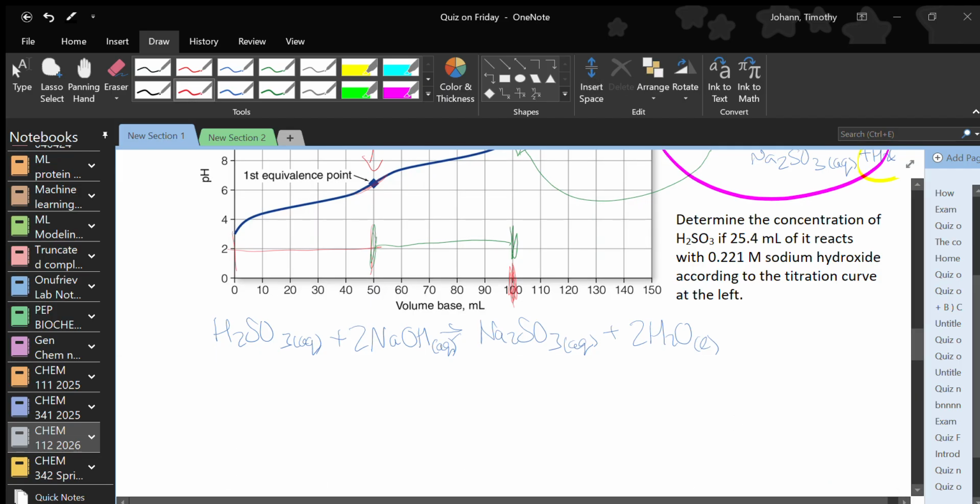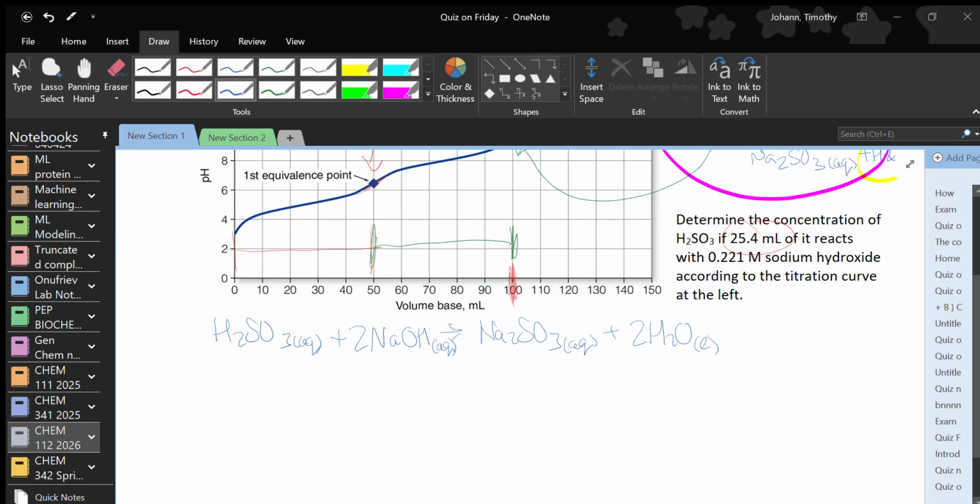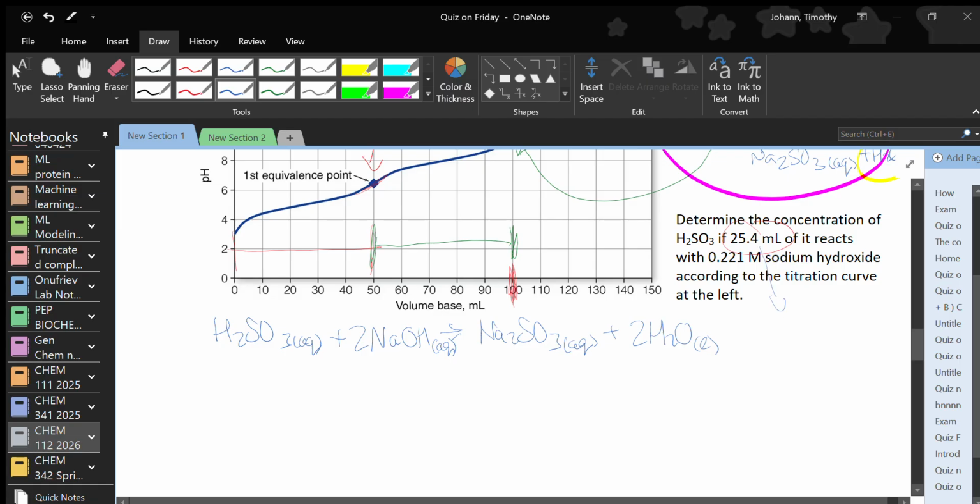I'm going to use the 100 milliliters, and it's going to react with 25.4 milliliters of H2SO3. Let's make this milliliters into liters, and the other one we'll do in our dimensional analysis.